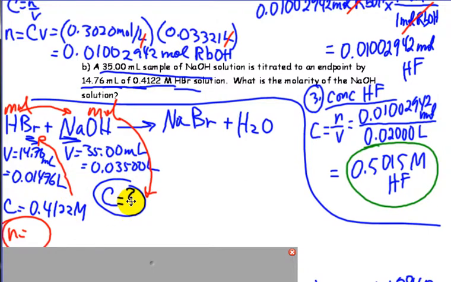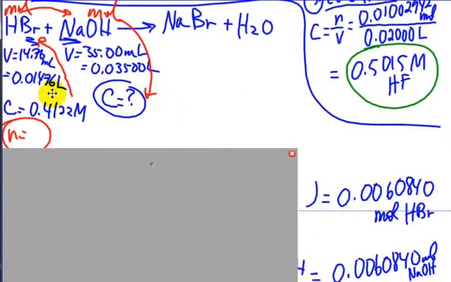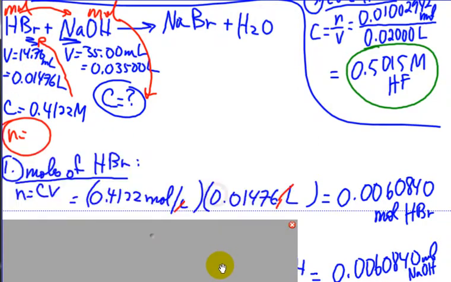So we're asked to find concentration of NaOH. So the first step is to figure out how many moles of HBr you have. So C is equal to n over V, or n is equal to C times V. Concentration times liters, 0.006840 moles of HBr.